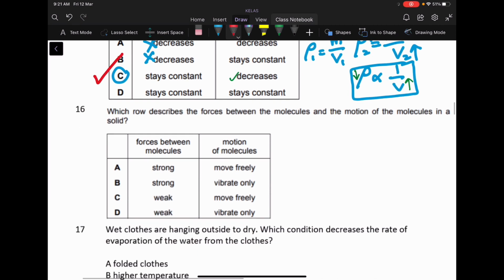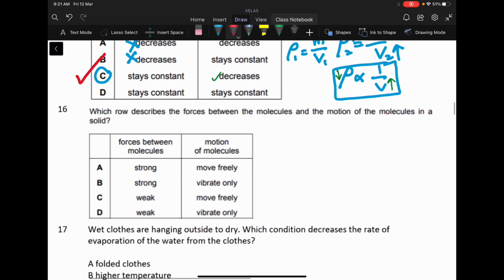Which row describes the forces between the molecules and the motion of the molecules in a solid? In a solid, the molecules are not moving, they just vibrate. So answers A and C are wrong.